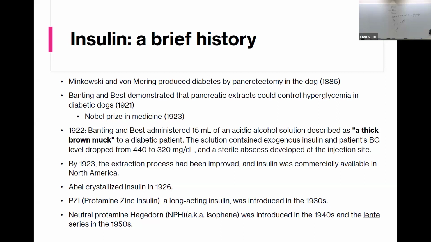But when he mixed it with protamine, that prolonged the duration of action. Then another group in Canada found that if you mix insulin with zinc, that also prolongs the duration of action. So they mixed insulin with protamine and zinc, and you get long-acting insulins.